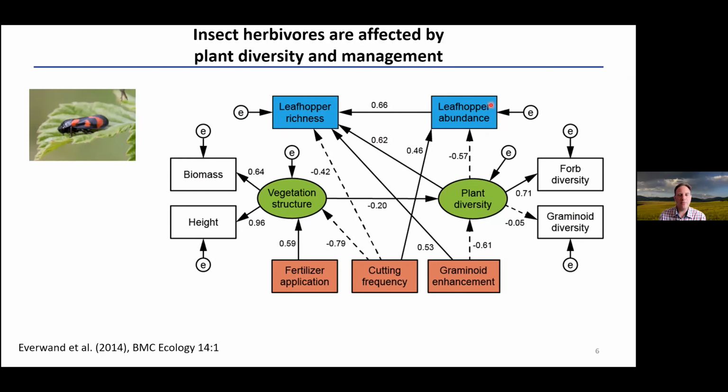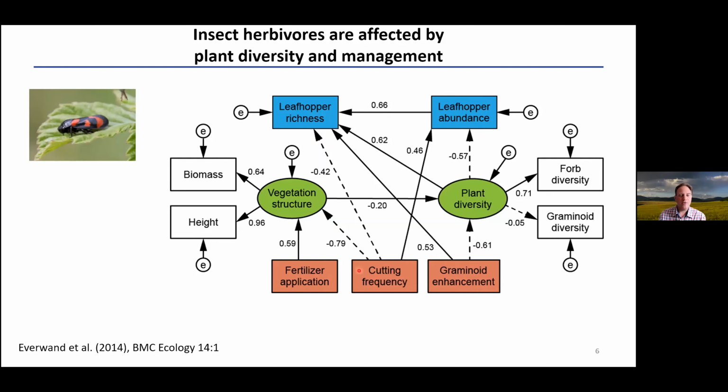So these two blue ones here are the ones that we measured. And these ones down here are the experimental factors. And traditionally, you ask the question whether, for example, fertilizer application would affect richness and abundance of leafhoppers, or cutting frequency, or graminoid enhancement, which is this kind of herbicide that reduces the dicots.